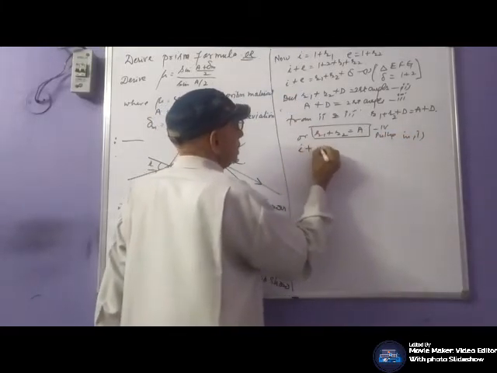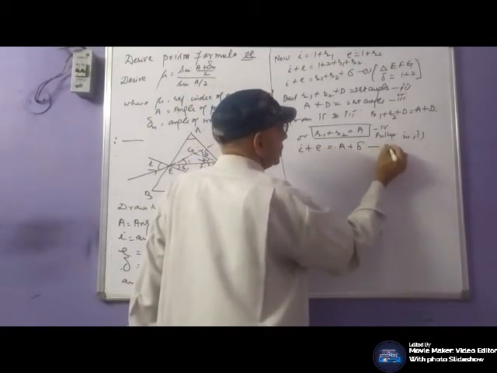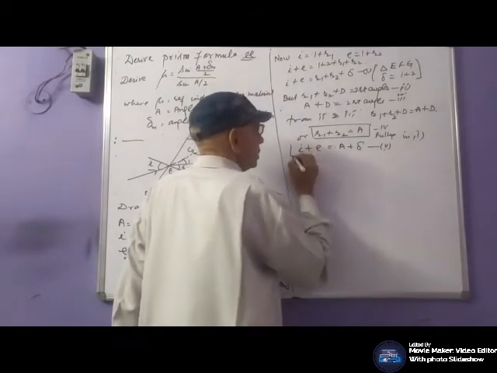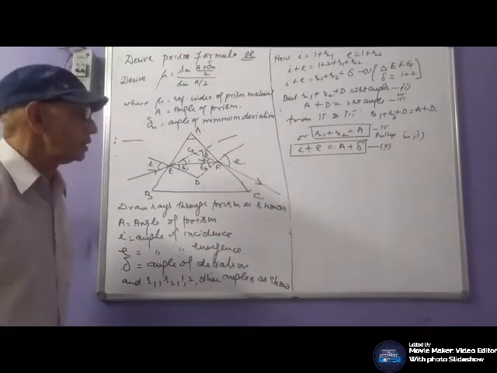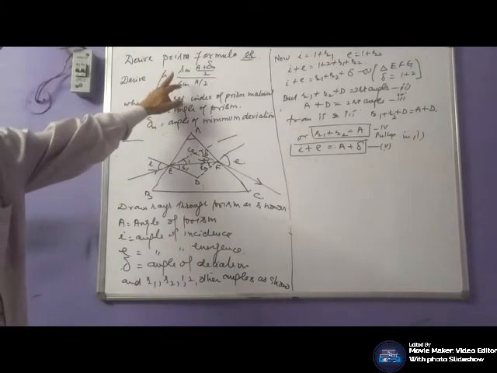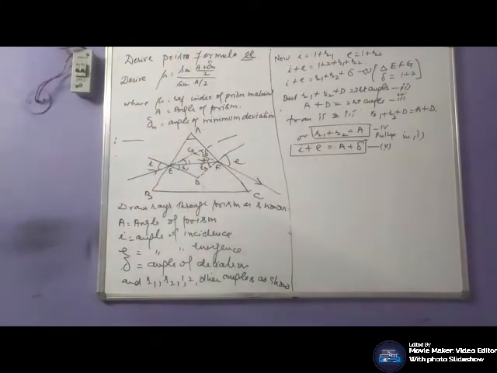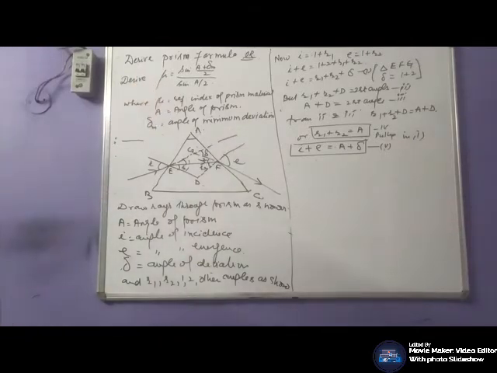I plus E, A plus delta, fifth. We have already done up to this equation. Now mu is this. What I have to apply is sin I by sin R. Anyhow, we have to find sin I and sin R.